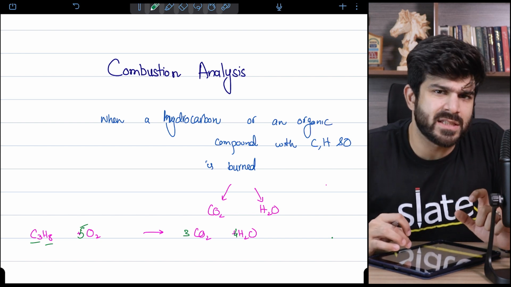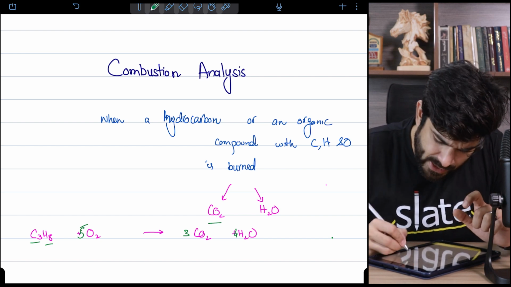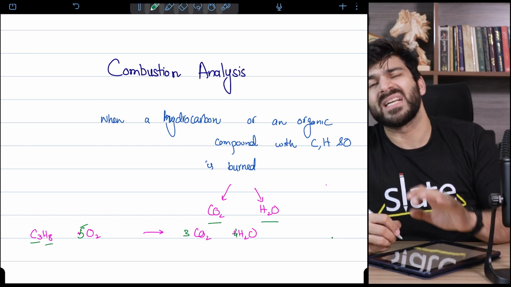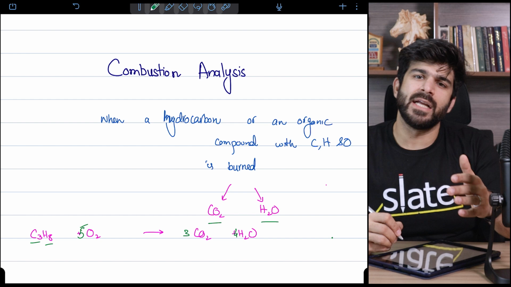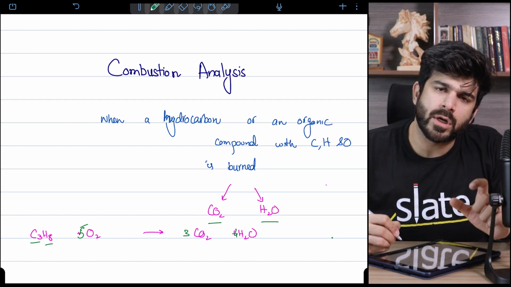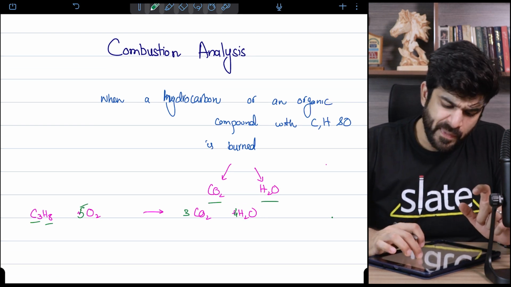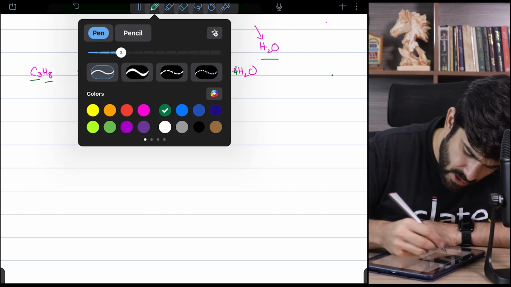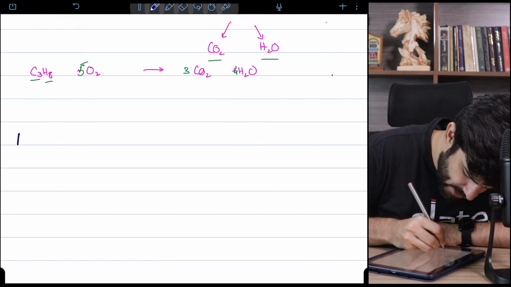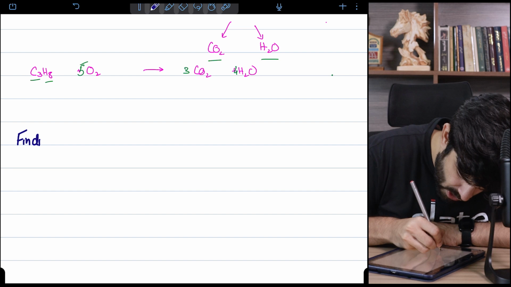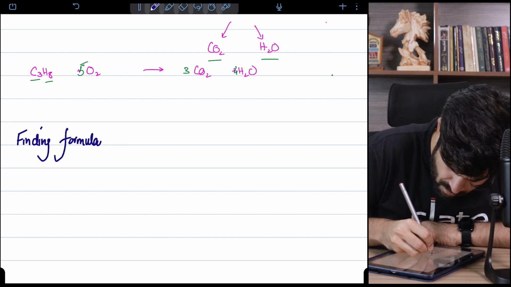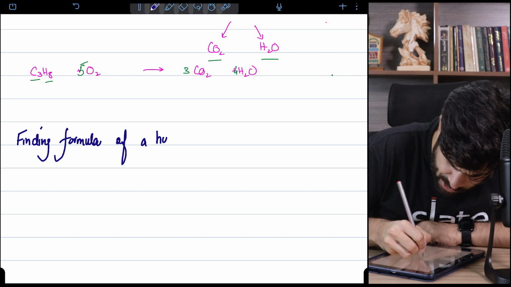We get the masses of carbon dioxide and water produced, and with the help of those masses, we can easily calculate what our organic compound is. But before we jump to a past paper question, there is an equation to understand, which we call the finding formula of a hydrocarbon.